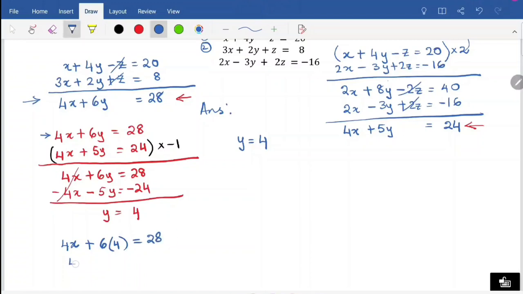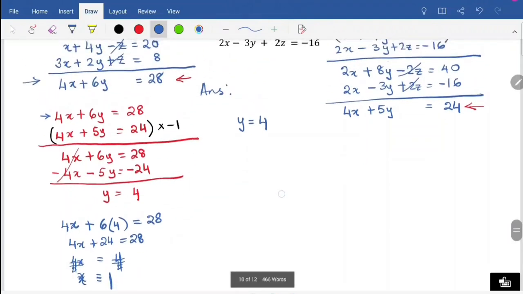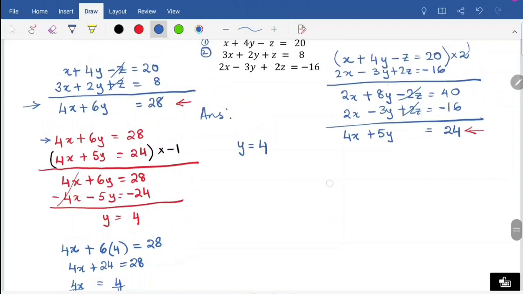So 4x plus 24 equals 28. So move the 24 to the other side. So we have 4x equals 28 minus 24, which is a positive 4. Divide both sides by 4. We will get x equals 1. So now we have found the value of x also, which is x equals 1.